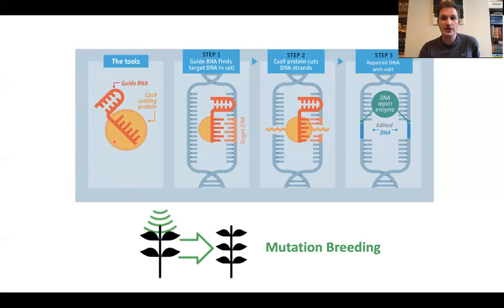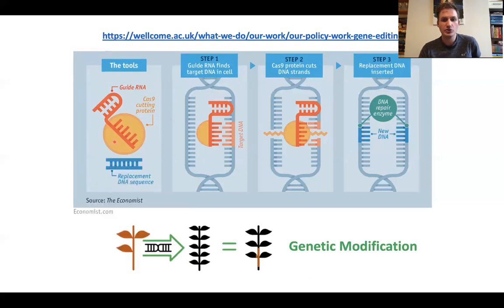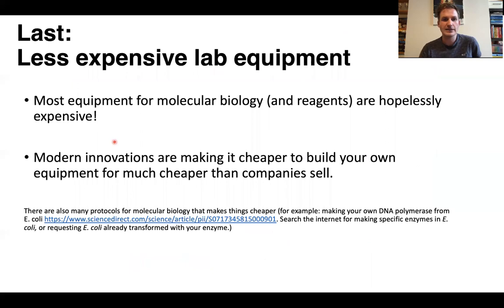So you can use this for mutation breeding to introduce novel variation. You can do this by genetic engineering to introduce new variation. Anyway, it's very complicated. Again, that's a whole other area of research.